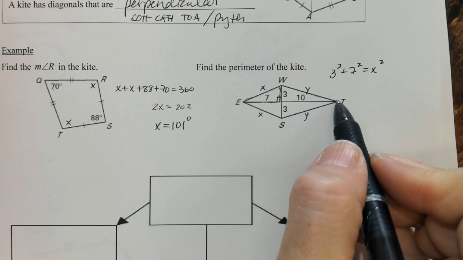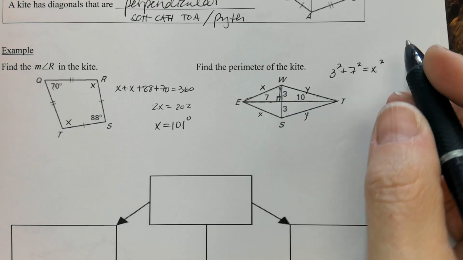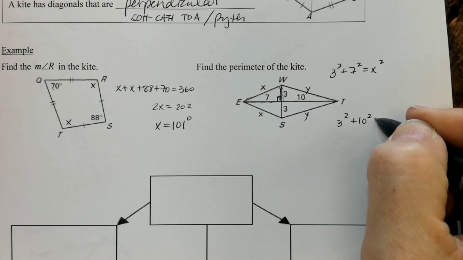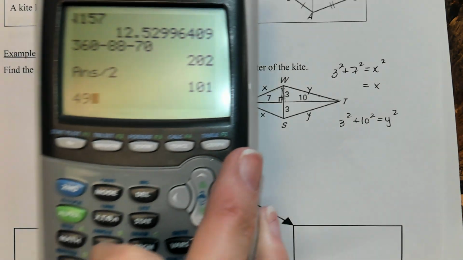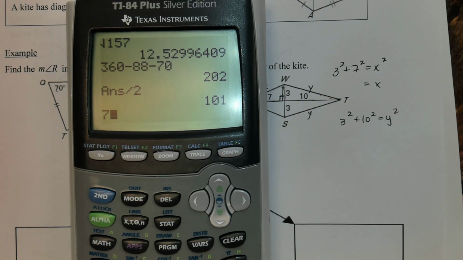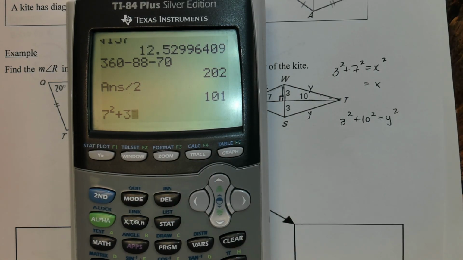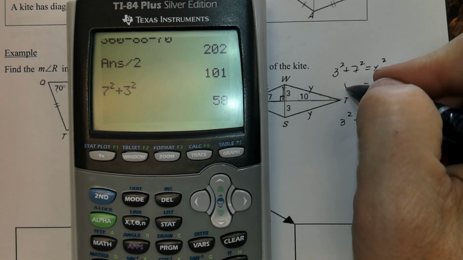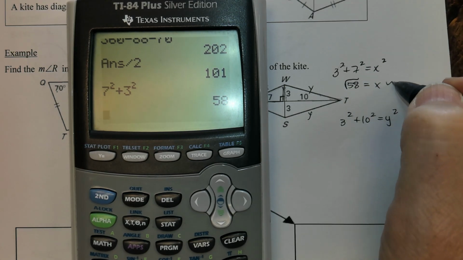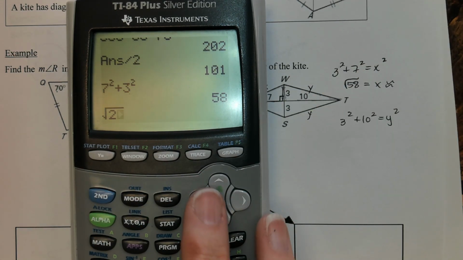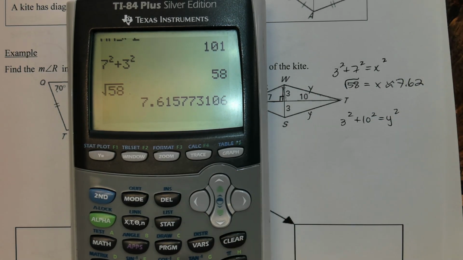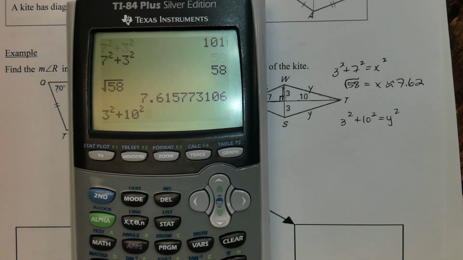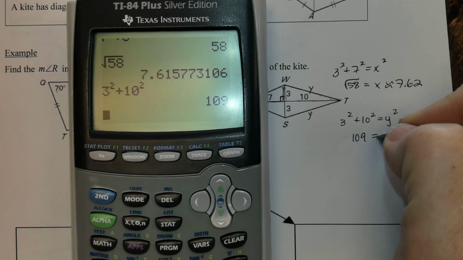And then we also have this triangle where the Y is. So we have a 3, a 10, and a Y. So doing 7 squared plus 3 squared gives me the square root of 58, which is about 7.62. Then this one down here, we've got 3 squared plus 10 squared, so I've got 109.